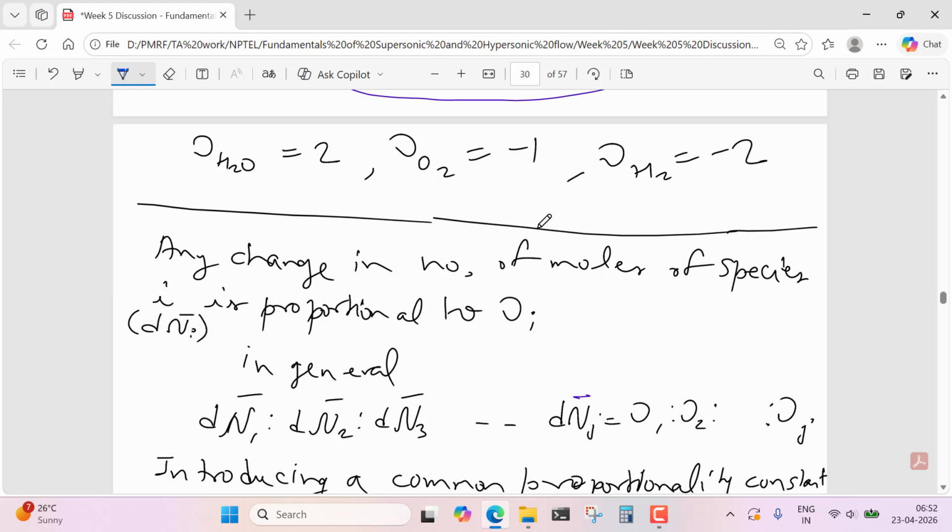If it is 2, it will double, like that. So the ratio of all these changes in the number of moles of species i is given by dn1 ratio dn2 ratio dn3 and so on to dnj equal to mu1 ratio mu2 ratio and so on to mu j.